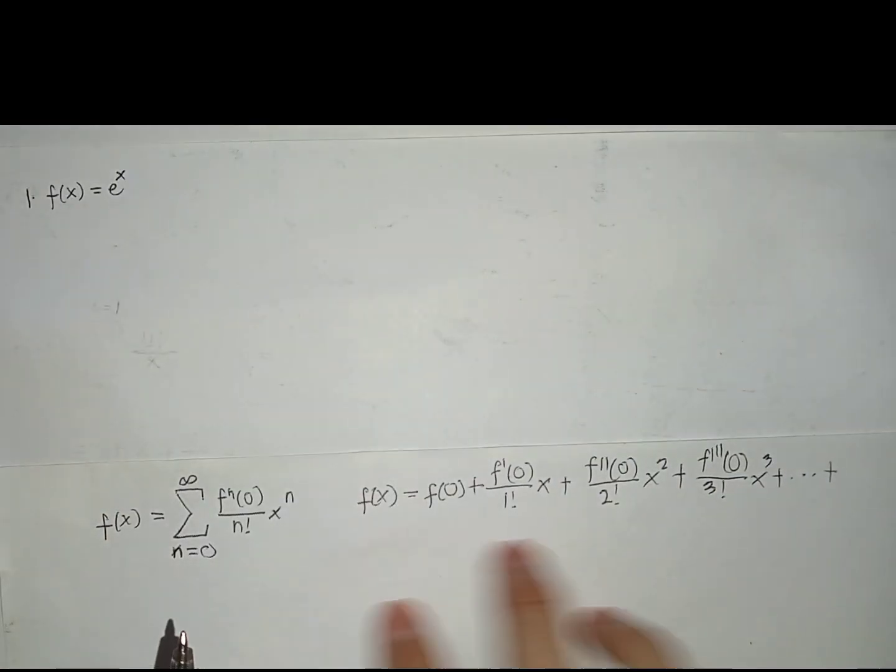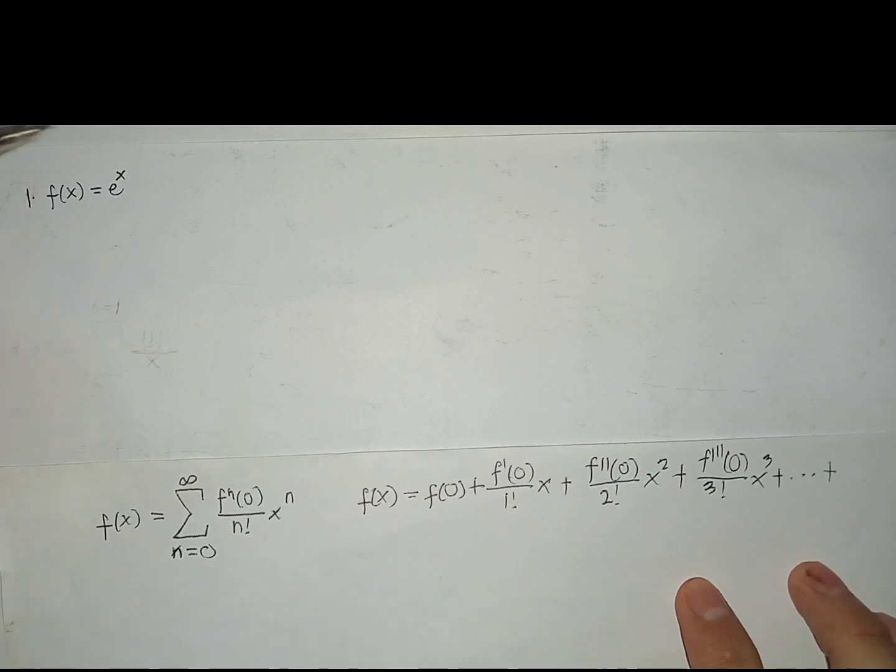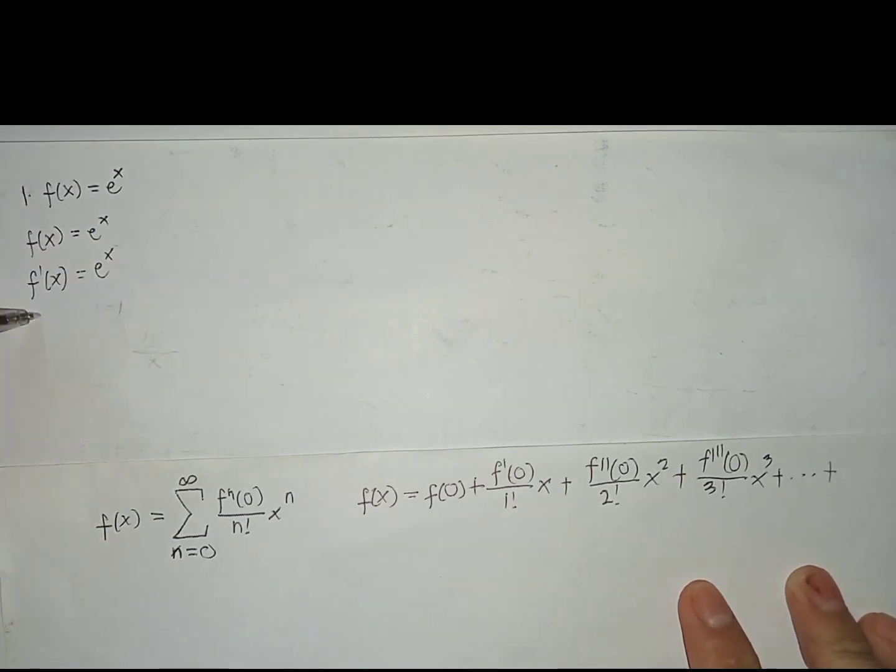For the second step, let's find the value of f of x and its derivatives, then substitute 0 for every variable x. So f of x equals e raised to x, the first derivative is also e raised to x, and the second derivative is also e raised to x, up until the nth derivative of f of x.